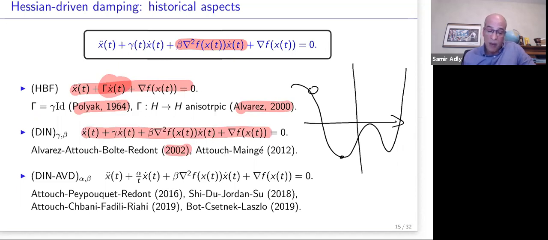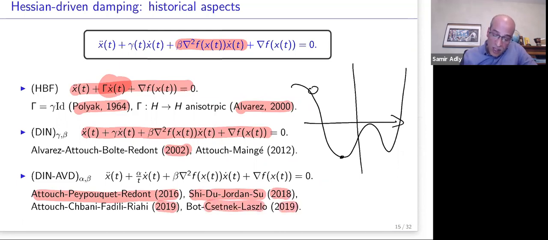The first one, gamma, is attached to the viscous damping, and the second one, beta, is attached to the Hessian; this is a geometrical damping. Another interesting work is by Attouch, Peypouquet, Redont in 2016, another by Shi, Du, Jordan, Su in 2018, and another in 2019 by Attouch, Chbani, Fadili, and Attouch, Boţ, Csetnek, László also in 2019.